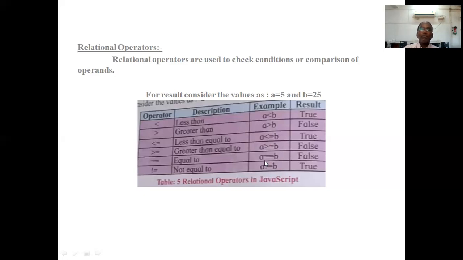Next example, A equal to B. Already we have considered A is equal to 5 and B is equal to 25. So A is not equal to B, so the value is false.